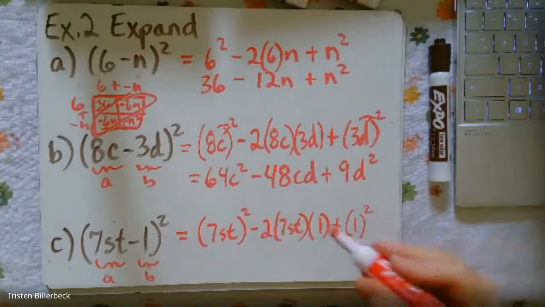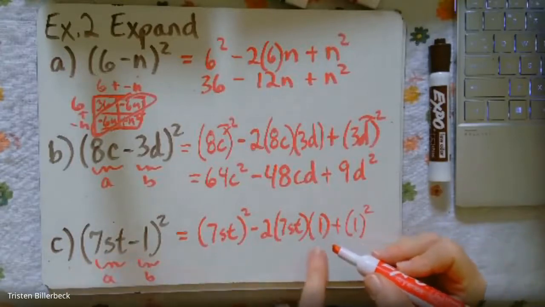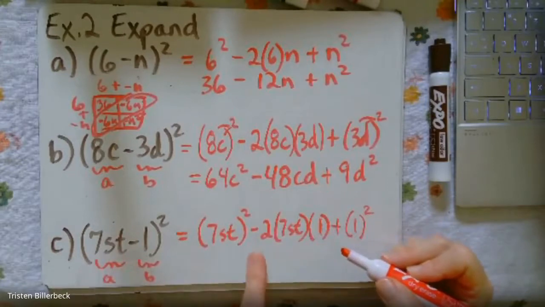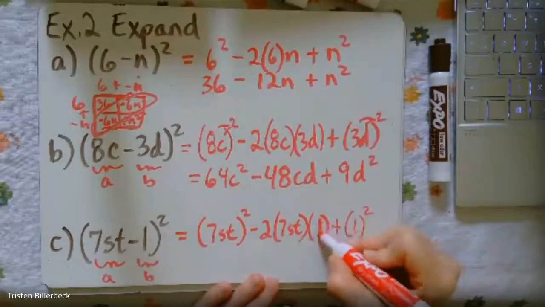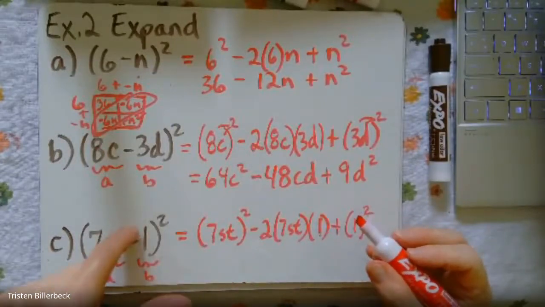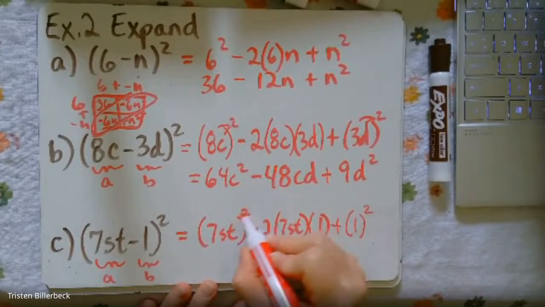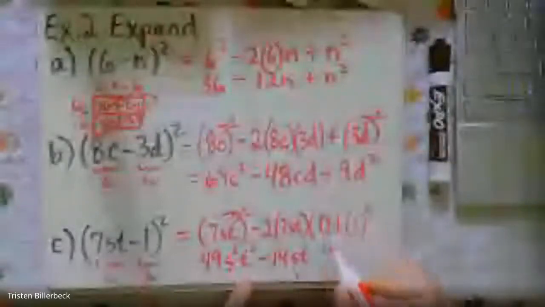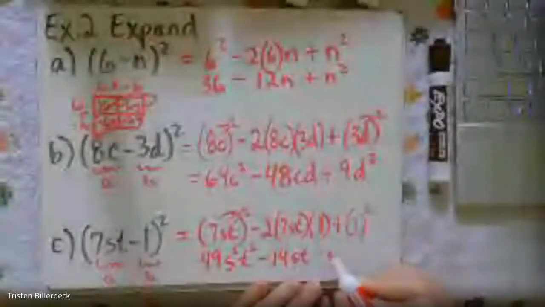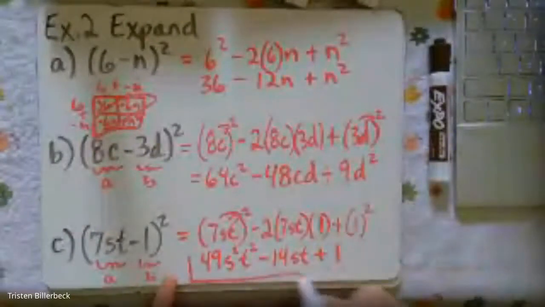This one was kind of important, because I really wanted to put the negative there, but the formula puts it right there. So just call that a positive number with a minus sign in front of it. So we distribute the square, and this one, 2 times 7 is minus 14, and then just st, and 1 just keeps it that. And then 1 squared is just 1, so that would be our answer down here.